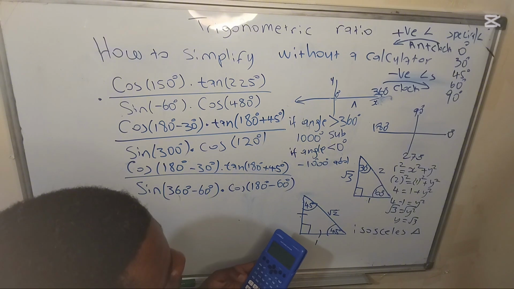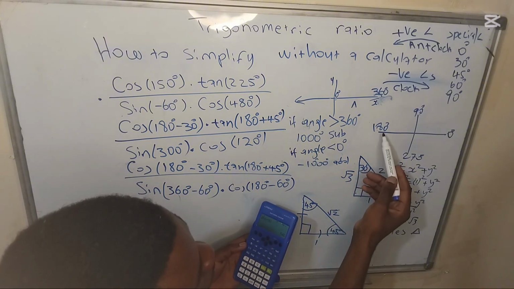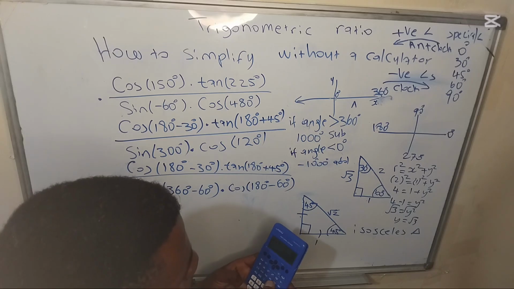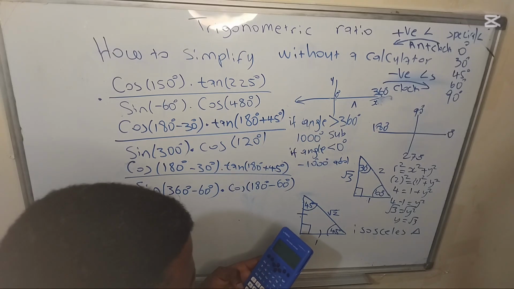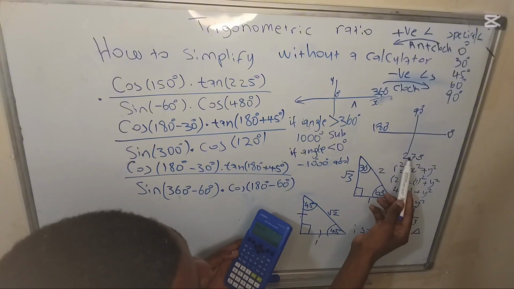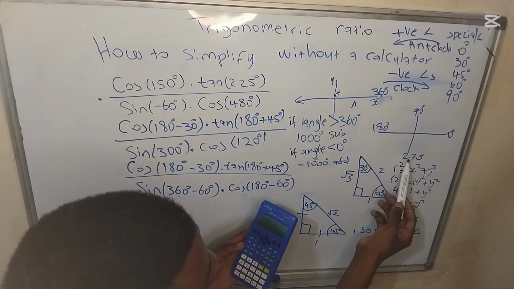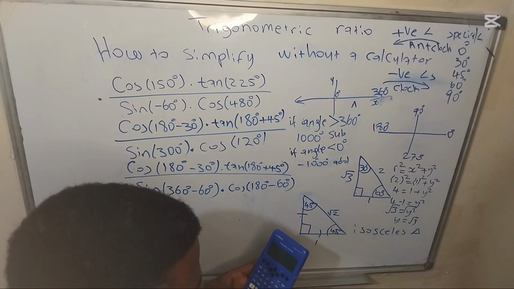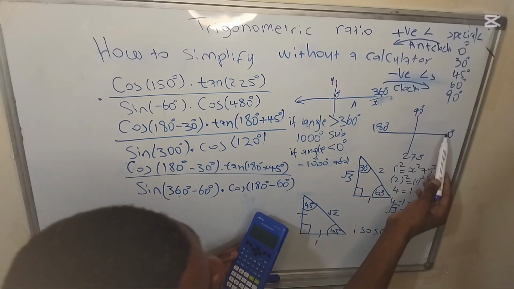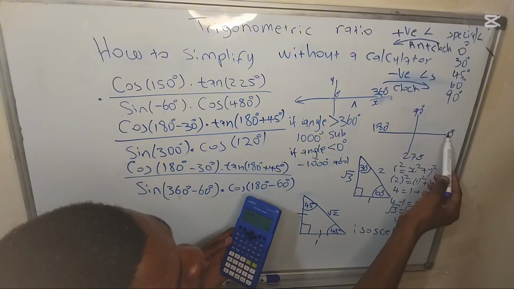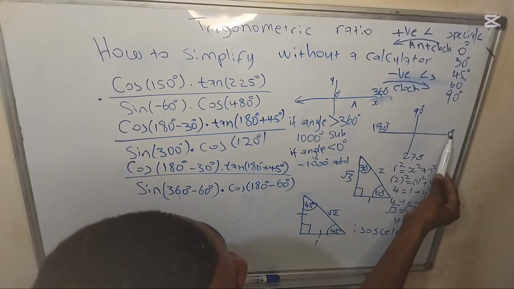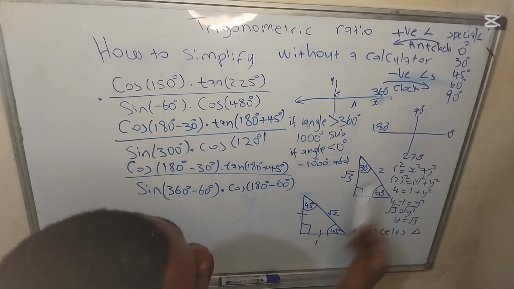If you add 90 again, this portion is equal to 540 degrees. If you add 90 again, this portion is 630 degrees plus 90, this portion is 720 degrees.